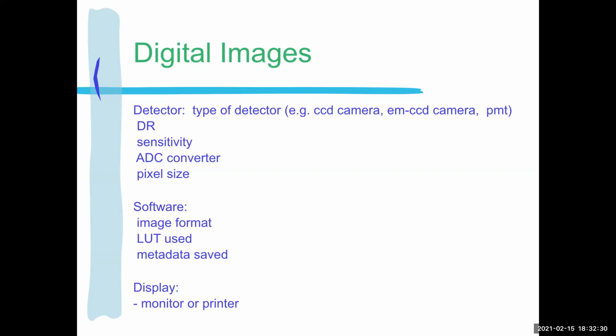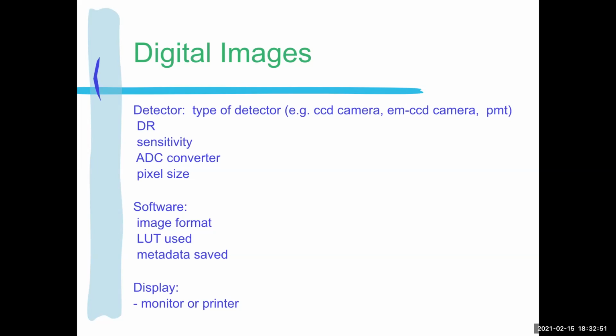What is the ADC converter up to? Who's told it to do what, how, and how to treat your data. And also the size of the pixel, which has to do with the sensitivity too. Although, like I said, in microscopy most of our chips are kind of the same from camera to camera.